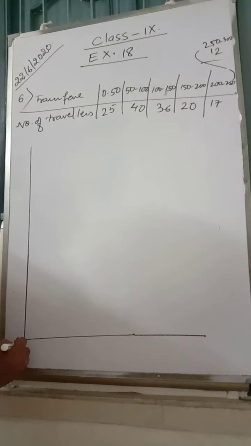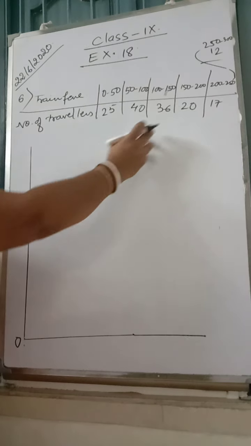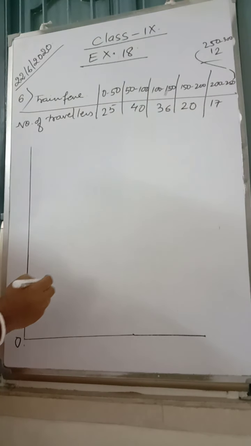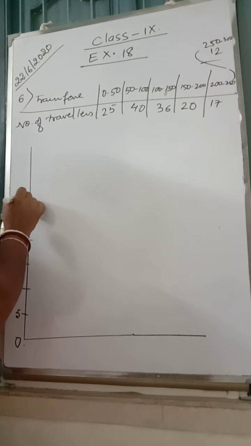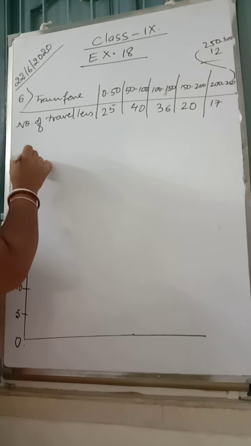This is 0. We have 20, 40 now, so we'll not take that; we'll take 5 each: 5, 10, 15, 20, 25, 30, 35, 40.